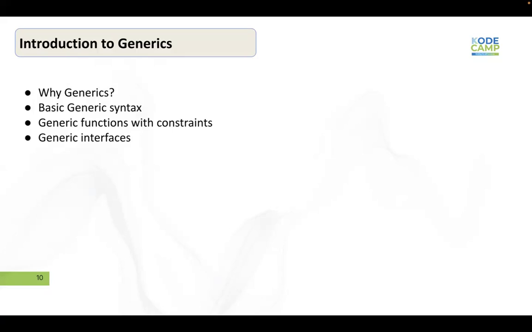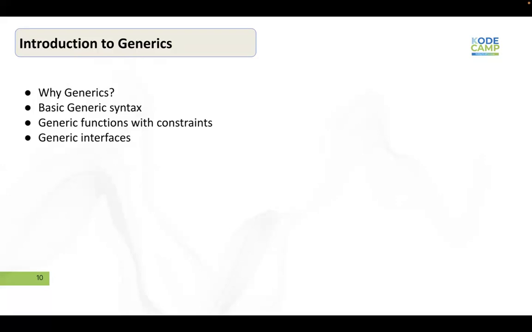So basically, generics are essential for creating libraries, utility functions, and data structures that work with various types.